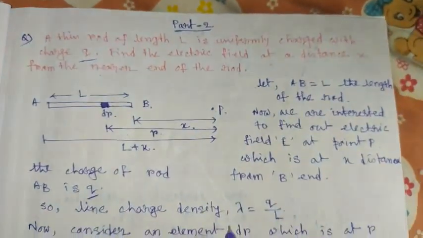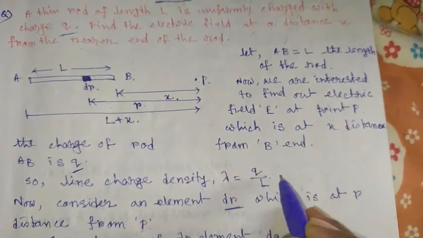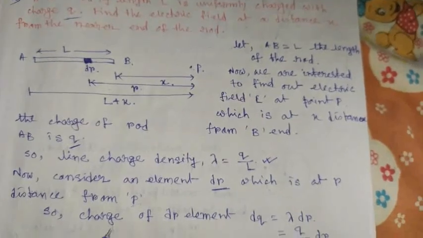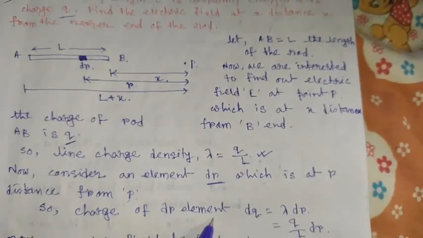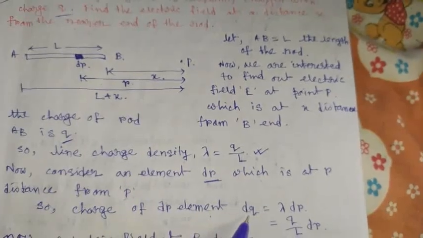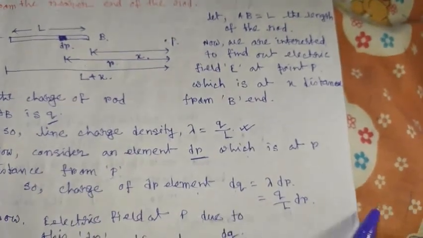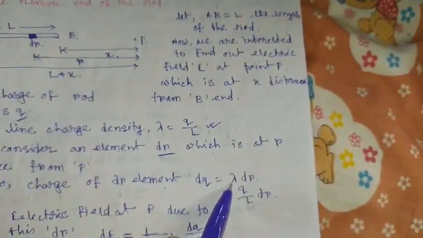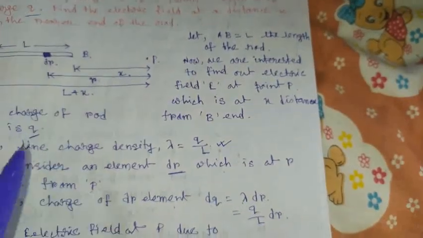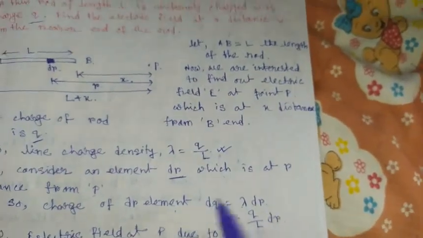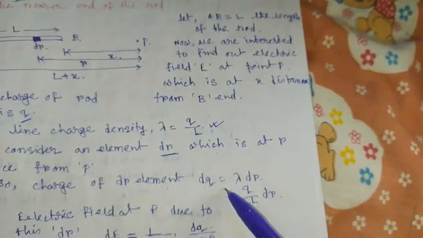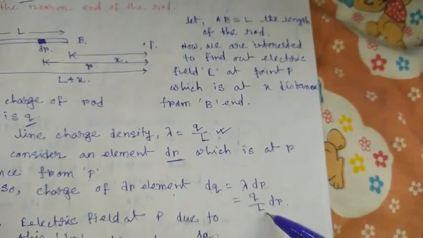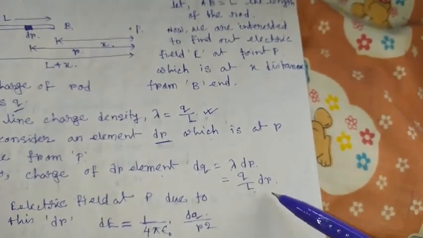So the line charge density lambda is Q by L, that is, the charge per unit length is Q by L. So the charge of the dr element, if we say dq, then dq is given by lambda dr, because lambda is the charge per unit length and the length is dr. We put the value of lambda, Q by L, here. So dq is Q by L into dr.